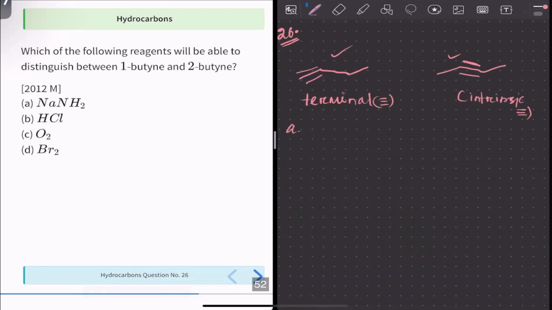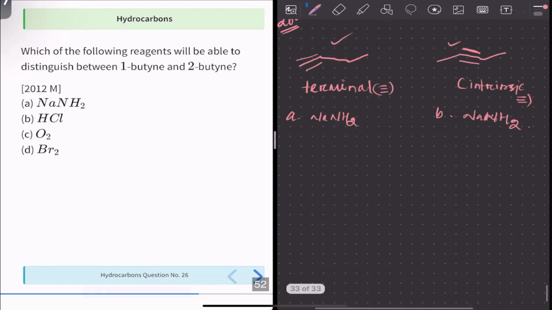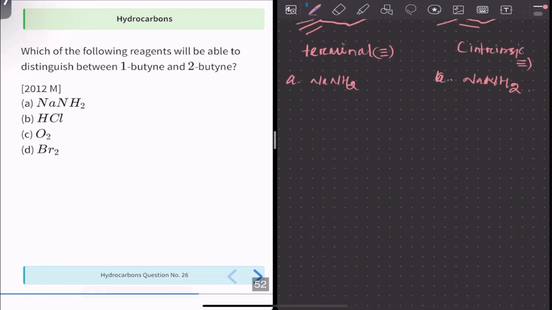First NaNH2, option A. We'll see NaNH2 later because it is the answer. I'll tell you the reason behind it, but let's see the other options first so that you can appreciate it. So let's see option B.